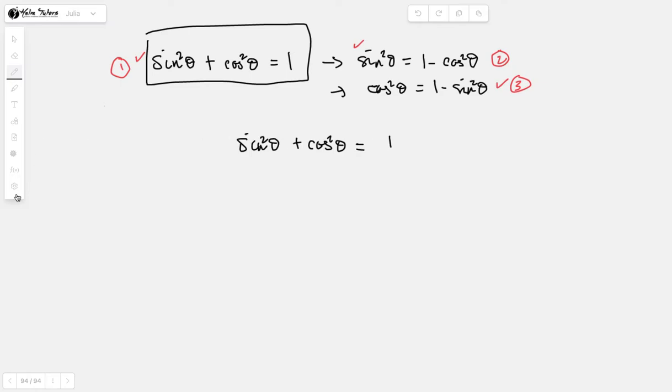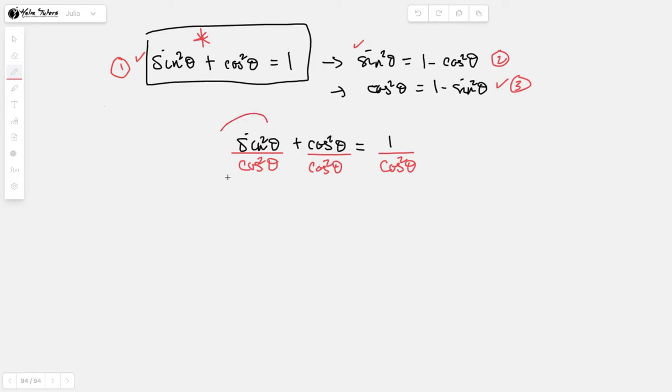Then divide by cosine squared. But you can't just divide one side of the equal sign by cosine squared; you have to do it on both sides. So all we have done is divide both sides of the Pythagorean identity by cosine squared.